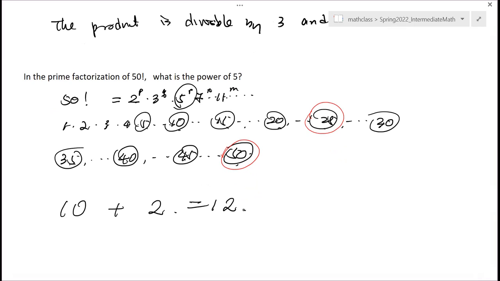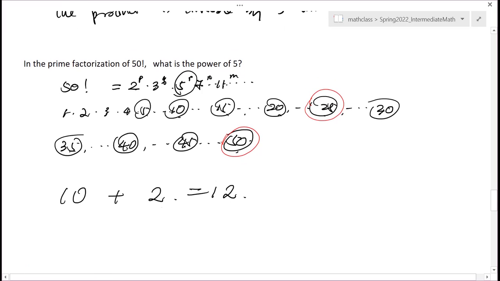Now, think about it in general. Suppose I give you 2022 factorial instead of 50 factorial. Can you find a way to figure out all the factors of 5? How about 2022? Yeah, this will be a challenging problem. For 50, I can list all of those numbers easily and count all of them, right?